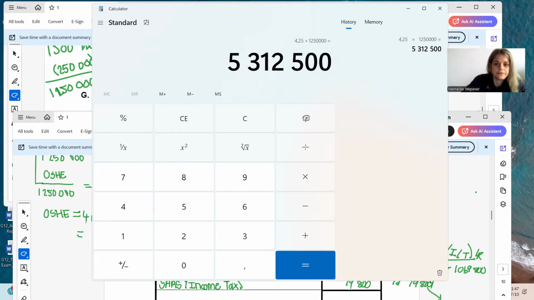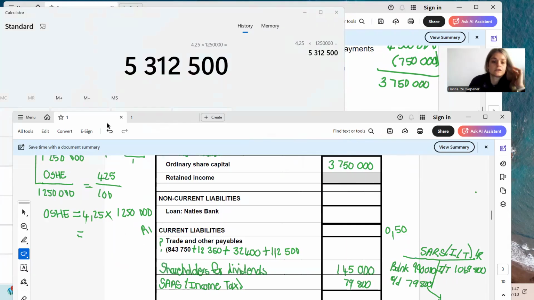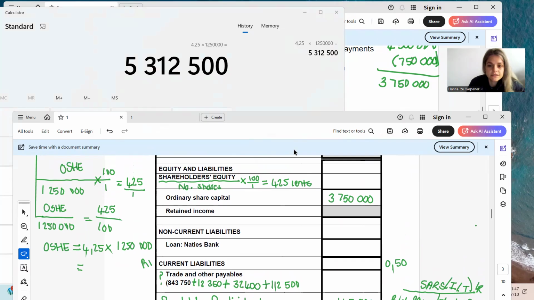There we go. So this is my ordinary shareholders equity: 5,312,500. So actually very easy if you know your formulas.